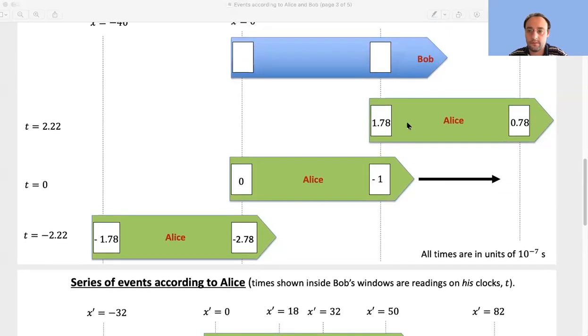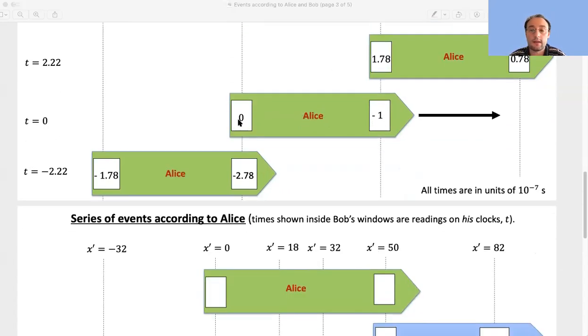So jumping back to this, how does what I just said apply here? Well, note that at any instant of Bob's time, for example, 0, when all of his clocks read the same time, clocks in Alice's back window are ahead of clocks in her front window.